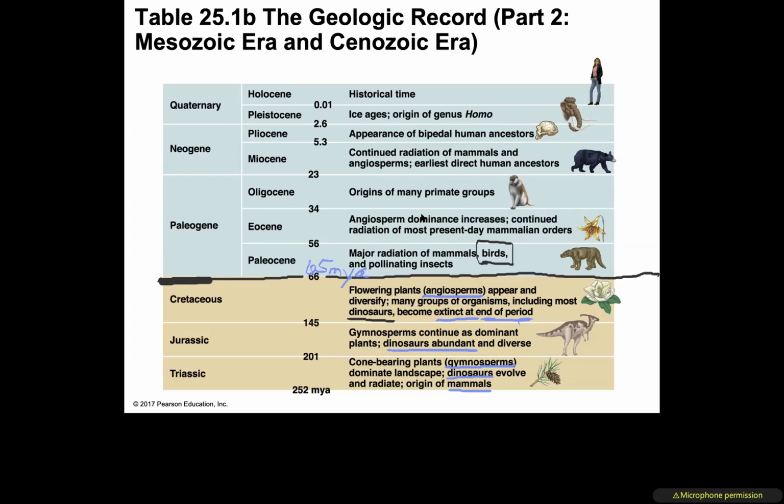Okay, so then let's see, what else do we have? In the Eocene, your angiosperms dominated. And then they also continued to just spread all over the place. Oligocene, you end up with the origin of the primates. In Miocene, you have continued radiation of your mammals and your angiosperms.